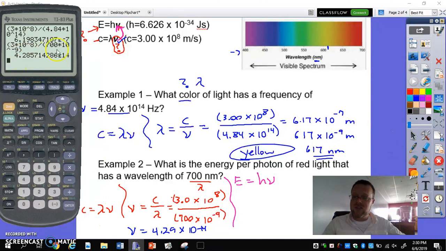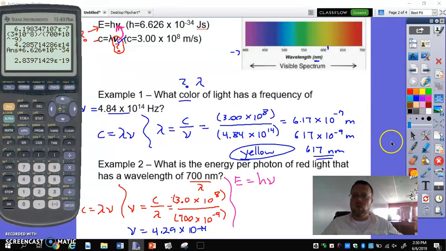I'm just going to take the same answer that I just got and multiply it by Planck's constant. So if I take that answer and multiply by 6.626 times 10 raised to the negative 34th power, that's Planck's constant, then I should be able to get my energy.